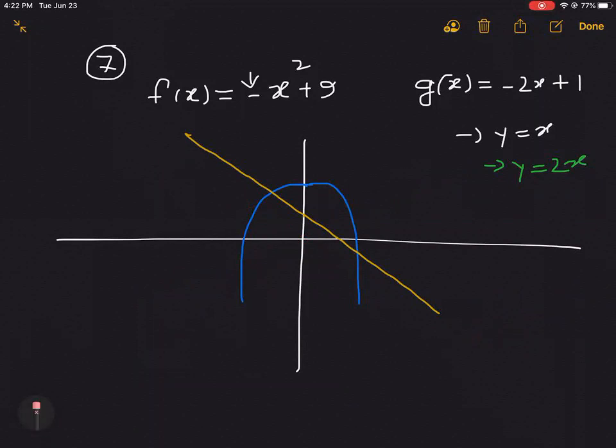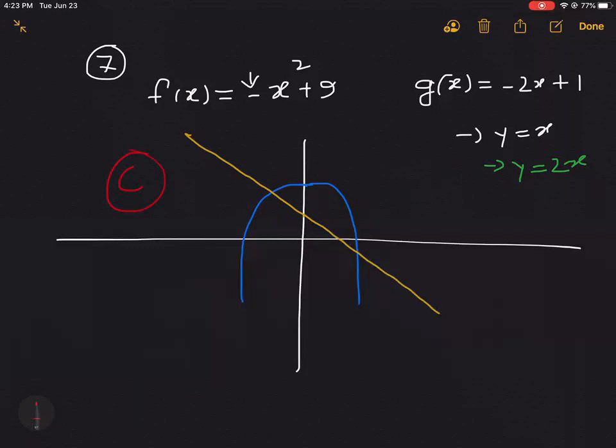Definitely not A. It can't be B. Looks to me it's C, right? Let me see the answer. Yeah, it's C. As you can see, it's option C. Any question from this? Okay, next.